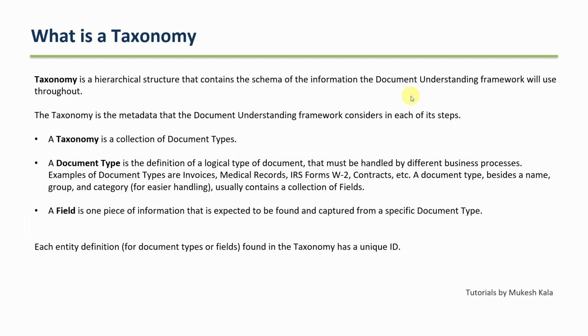Now the important thing is, in projects we have different kinds of documents. We have invoices, medical records, contracts, passports, and different documents have different information which we have to extract. For example, if it is a passport, I would like to extract the country, first name, last name.